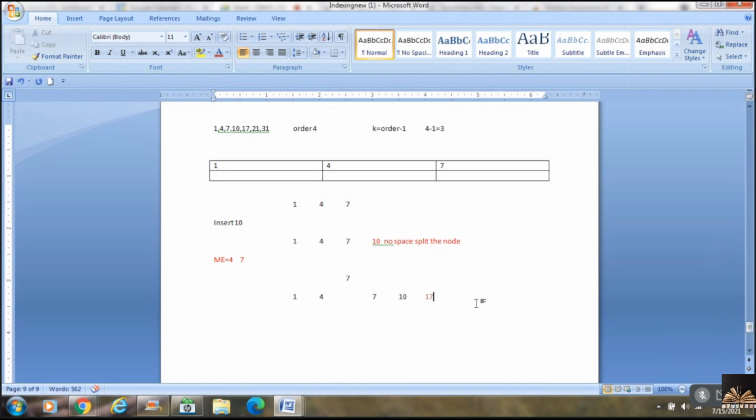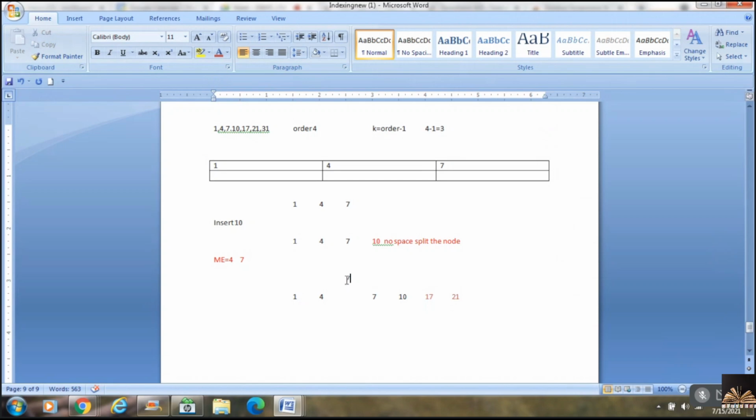Now after this, I have to insert 21. It would be coming over here. So what are the middle elements? 10, 17. I'm working with right bias over there, so 17 has to go to the top. Elements less than 7, that is 1, 4, are placed here.